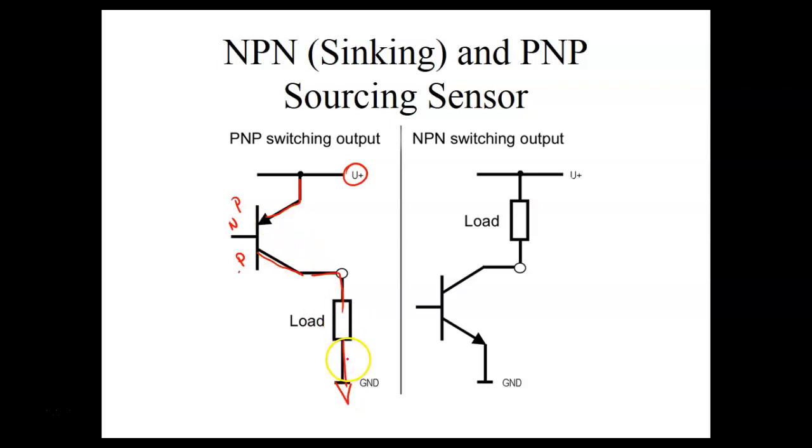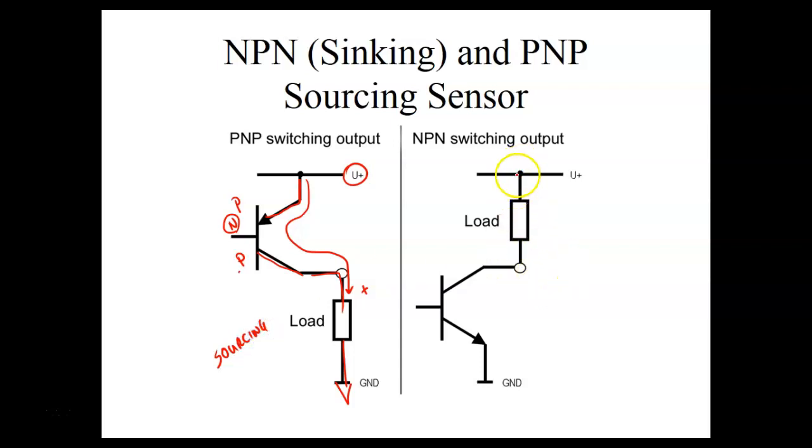So all I've got to do is come over here and put a negative potential, and if I put enough on here to saturate this thing, then this is going to place this plus, whatever voltage is across the load, because the transistor is going to drop less than 1 volt. So PNP, this is going to be a sourcing sensor because it's providing what? The power source.